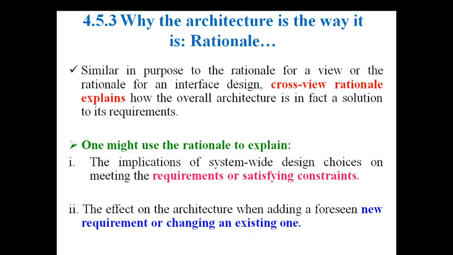Okay, so the effect of the architecture when adding a foreseen new requirement or changing an existing one. So if your information is perfect in your documentation, if anyone wants to change your application or extend your application, that can be useful in our documentation.